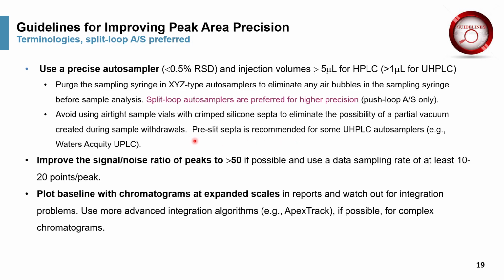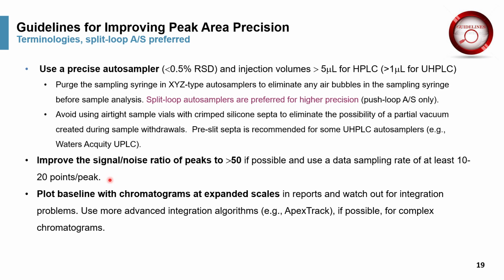So definitely use a very loose fitting septum on the sample vial. Some autosamplers, such as the UPLC Classic, require a pre-slit septum, a very thin Teflon membrane.